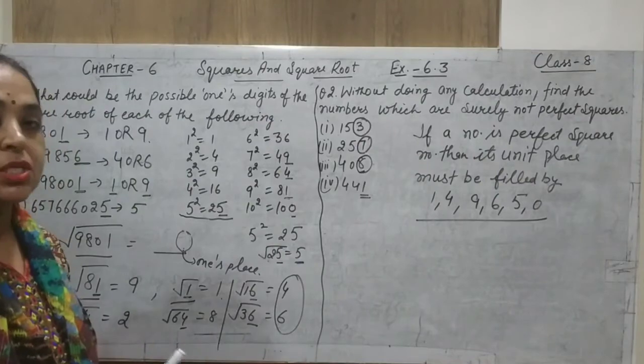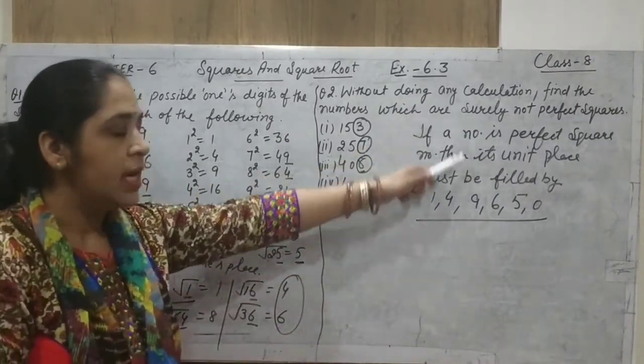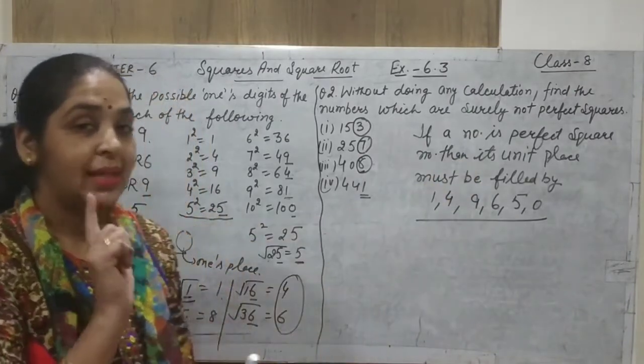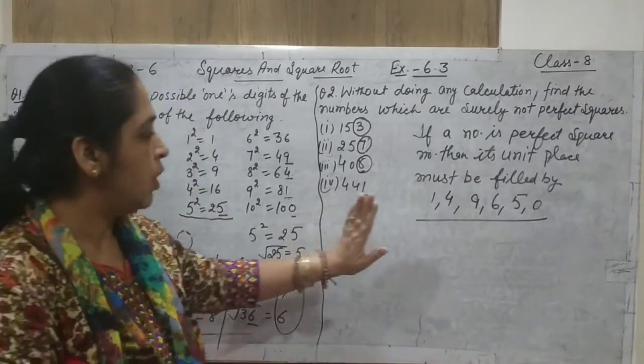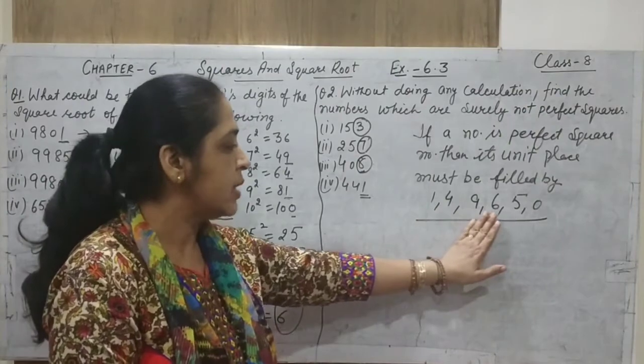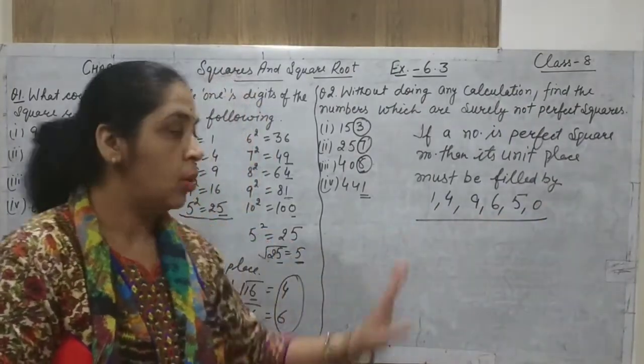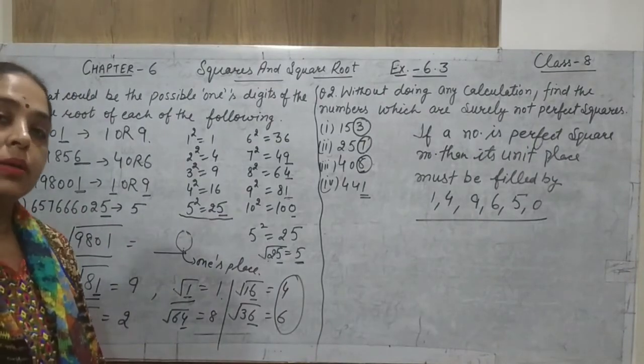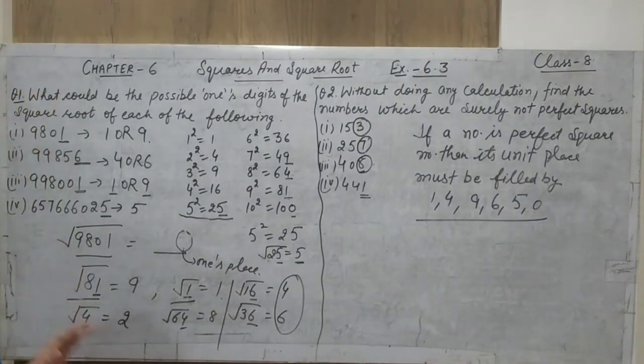Without calculations we can say, using only this property, that if a number is a perfect square, then its unit place must be filled by 1, 4, 9, 6, 5 or 0. Any of these numbers can come at the unit place. Alright, I hope you understand question 1 and question 2.